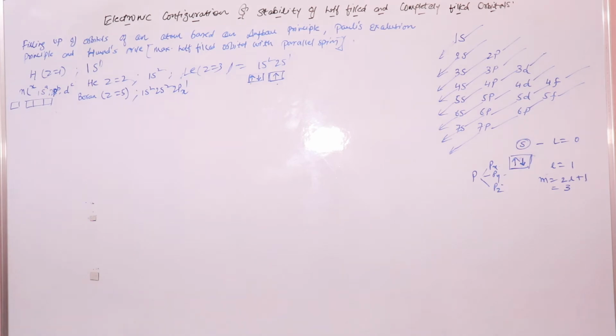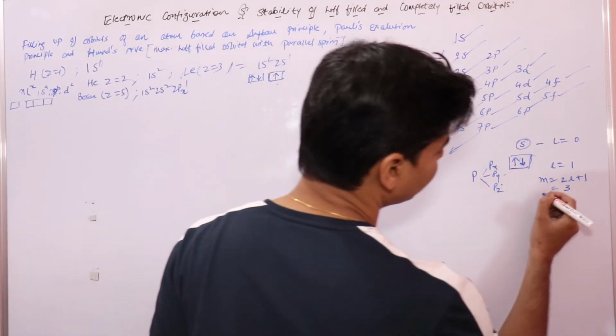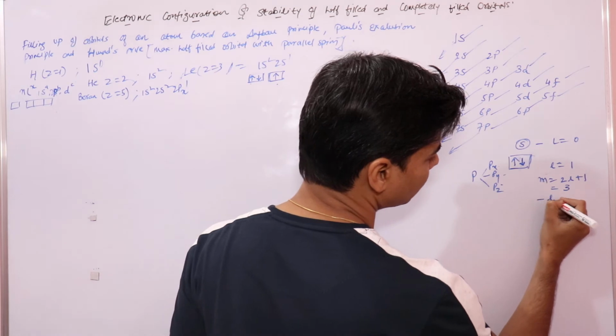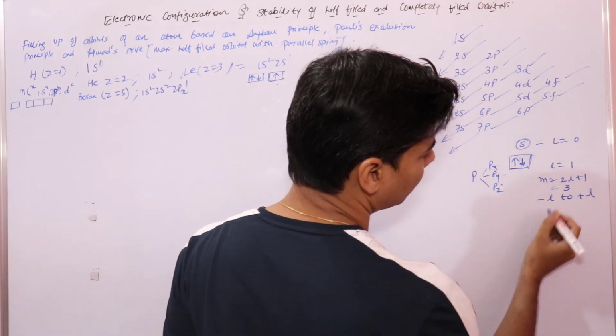These are the 3 orientations given by the magnetic quantum number: 2l plus 1, 3 values, that is from minus l to plus l, including 0.